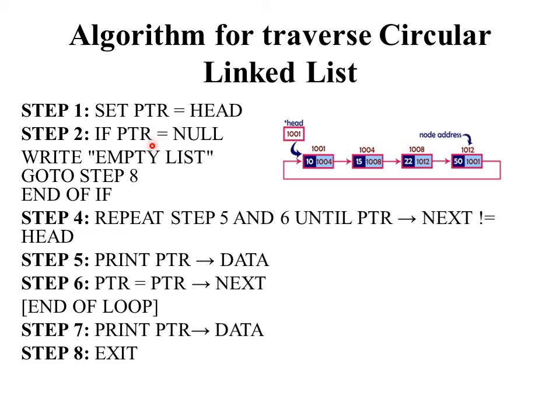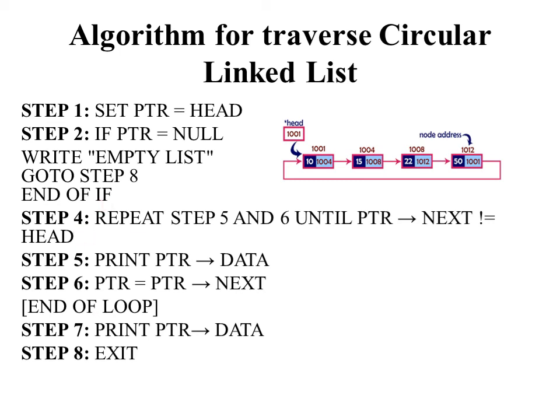Step 2, if ptr is equal to null. This is a condition. In this condition we check if ptr is equal to null, then the linked list is empty. So we can write empty list and go to step 8. Step 8 is exit. Here is the end of the if.